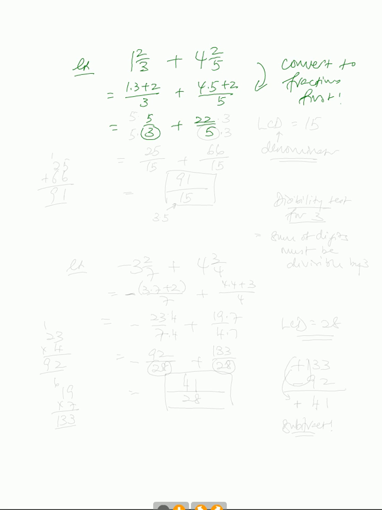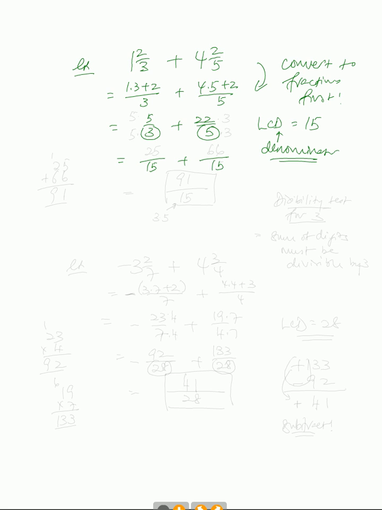So remember where to look. You're looking for the LCD. Remember what D stands for: denominator. So we are focusing on the denominator, and we are thinking of multiples. In my mind, I'm thinking of multiples of 3 and also multiples of 5, and the very first one they both agree on is 15. So 15 works for both numbers.